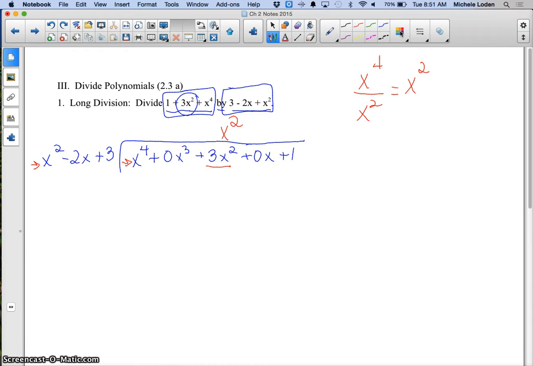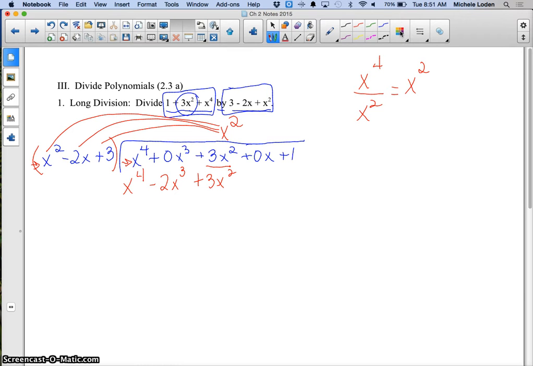Once we divide, then we multiply. There are 3 terms in this polynomial, so we must distribute the x squared to all 3 terms. X squared times x squared is x to the fourth minus 2x to the third plus 3x squared.